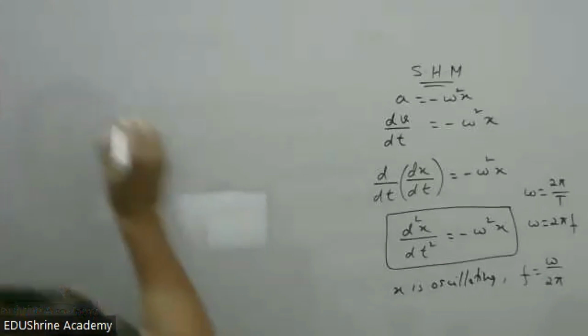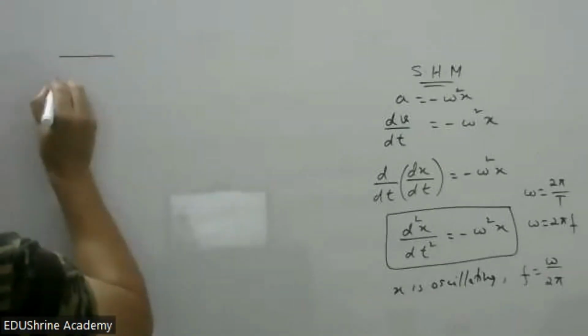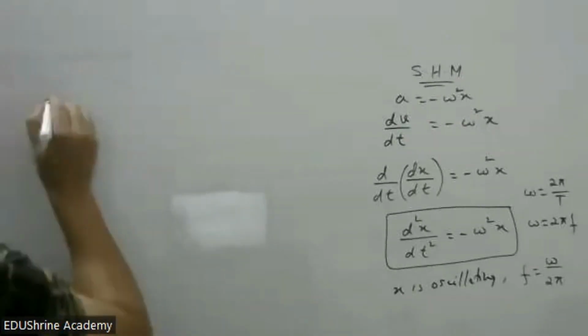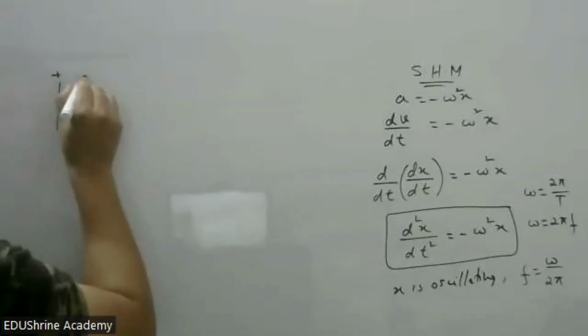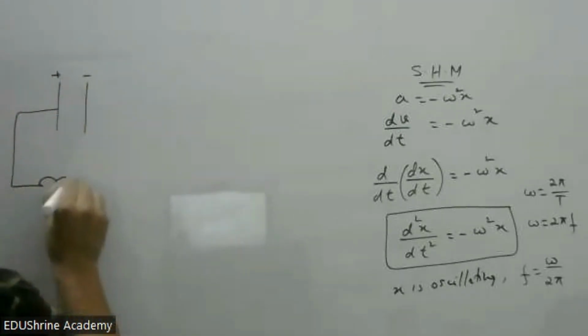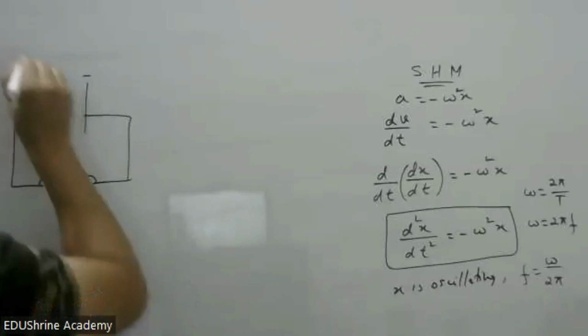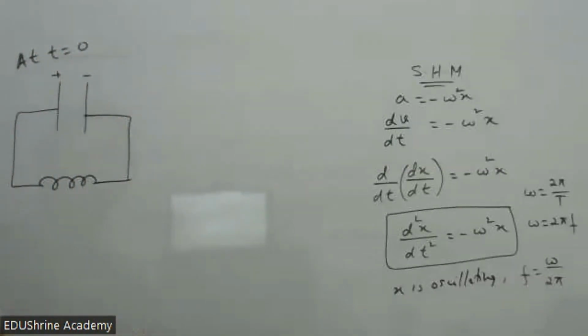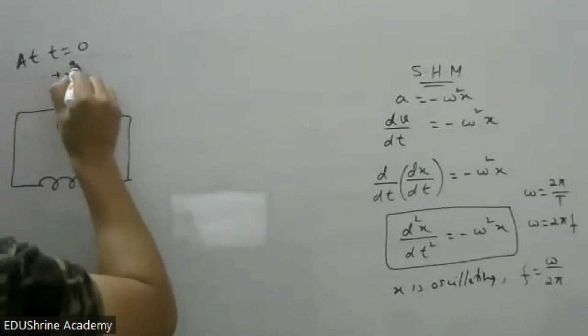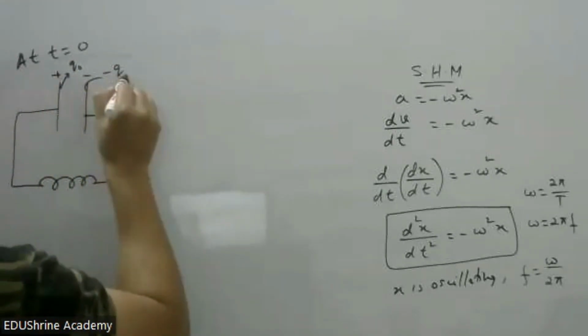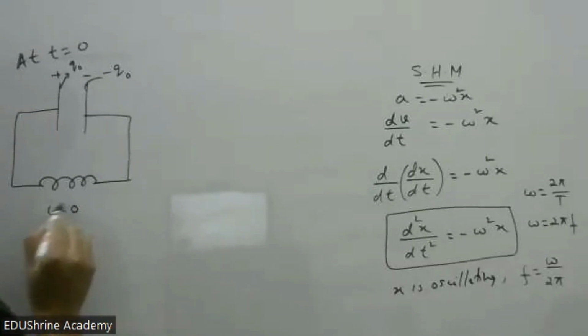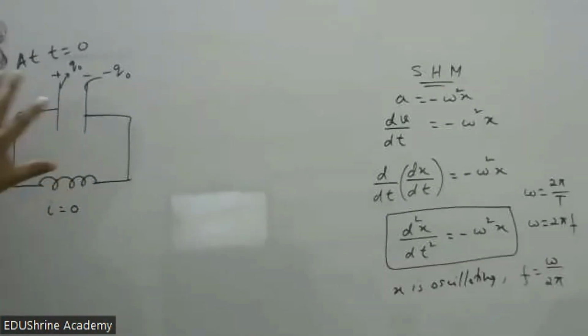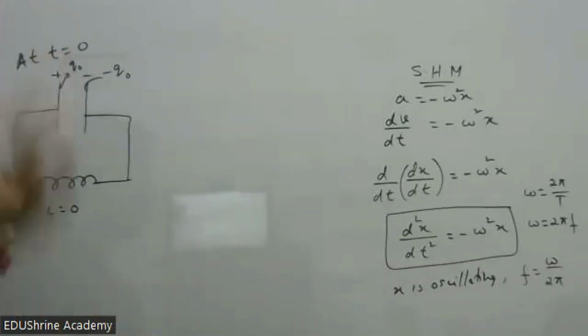Okay, now come to this equation. I told you if you have a charged capacitor and you connect it to an inductor, this is the situation at time 0. The charge here is Q naught, let's say, here obviously minus Q naught, and right now current is 0, because this is just at the moment when you switched on.